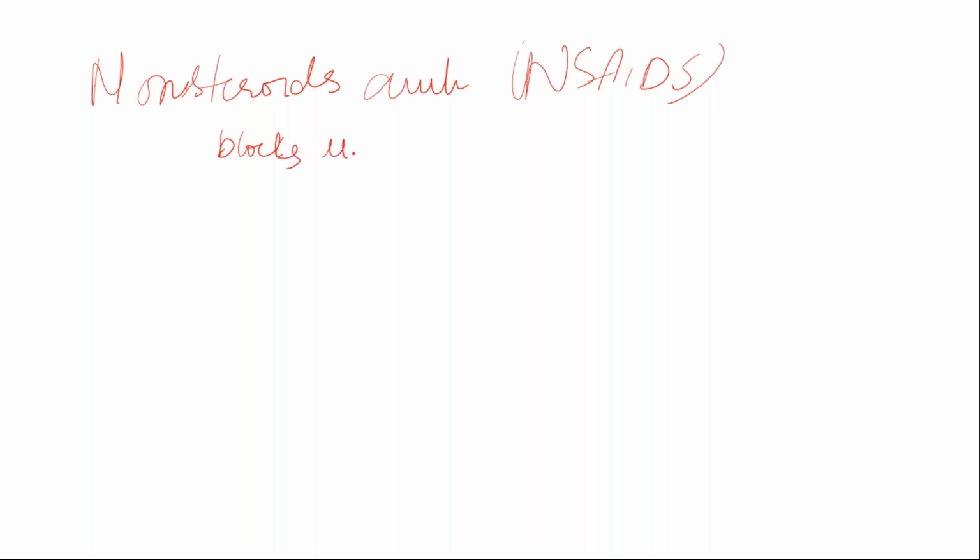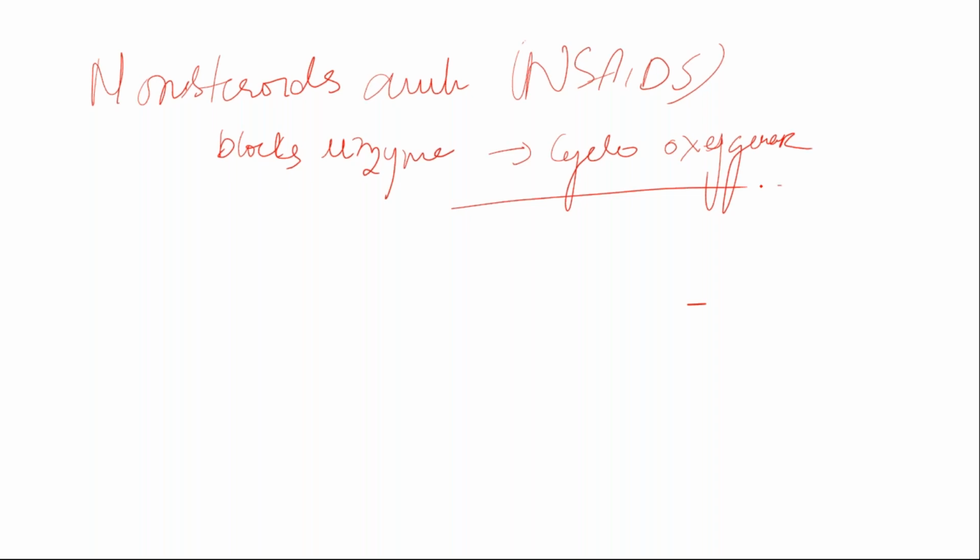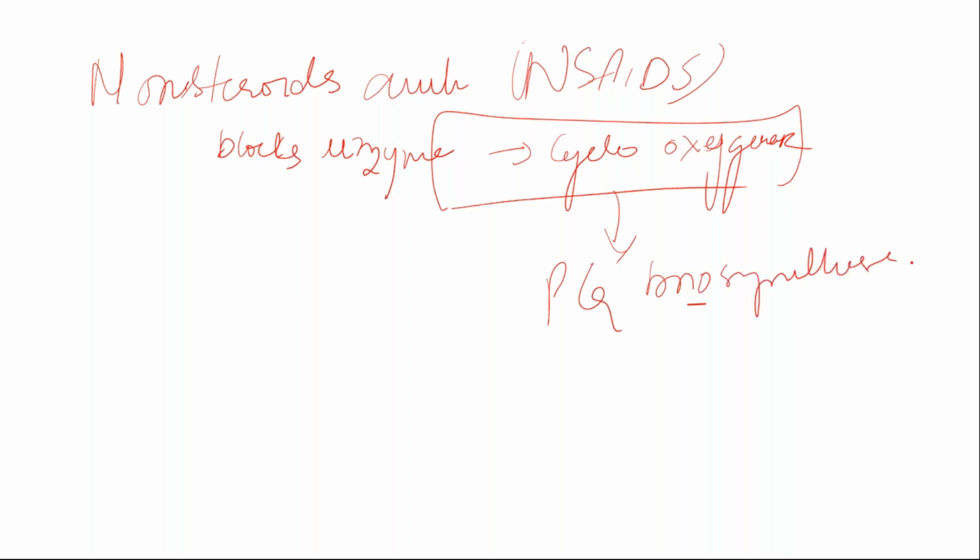These are very important for your viva. It blocks the enzyme cyclooxygenase, right? This is the mechanism of action. So it inhibits prostaglandin biosynthesis. This mechanism of action you're supposed to write. So it blocks the enzyme cyclooxygenase, which further inhibits prostaglandin biogenesis.